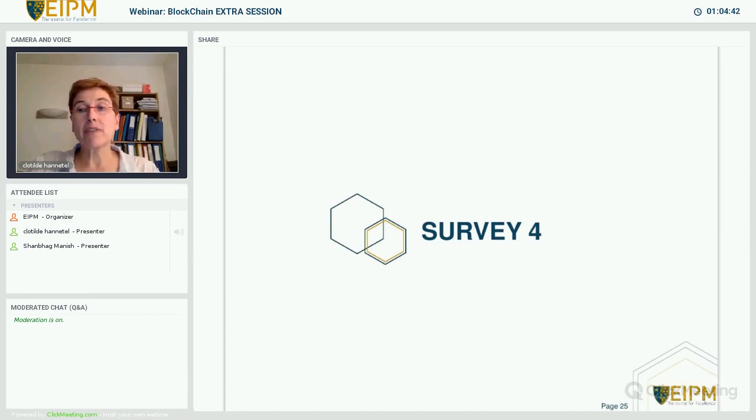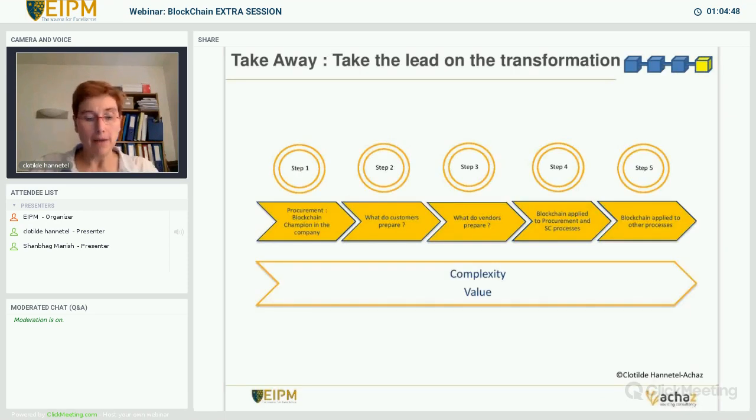So coming back to the presentation, and in order to wrap up, let's say, after having explained what is blockchain and showed the use cases and the experimentation, we would like to share with you some takeaways.